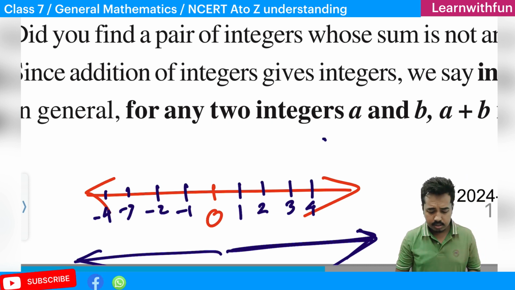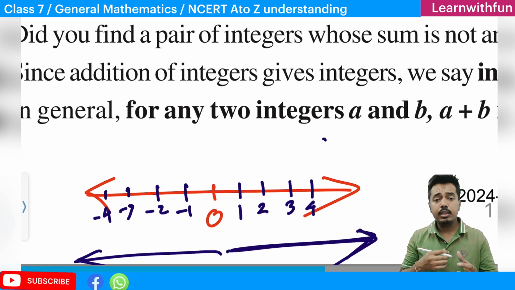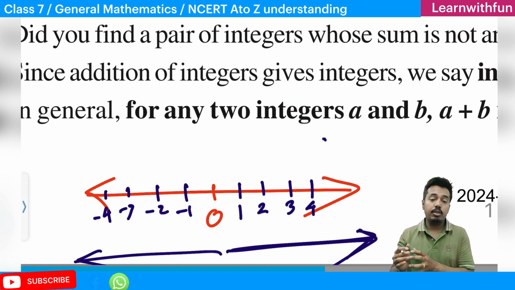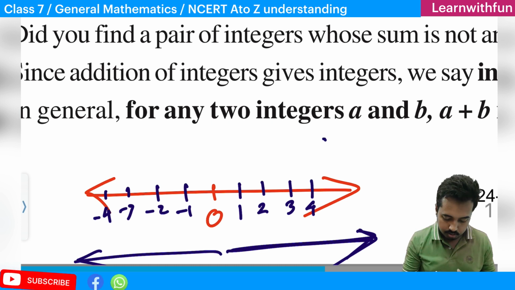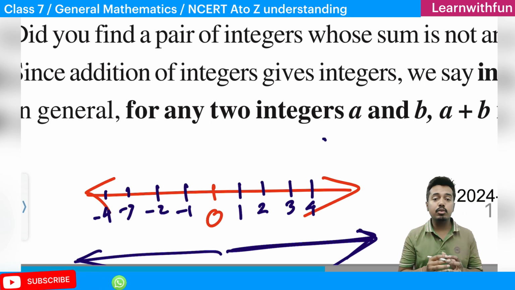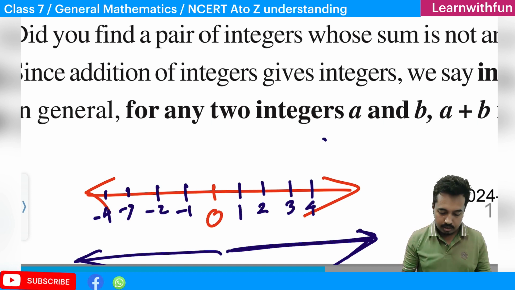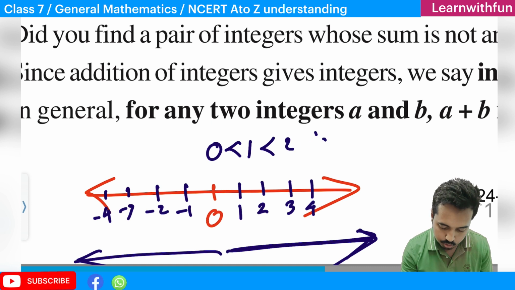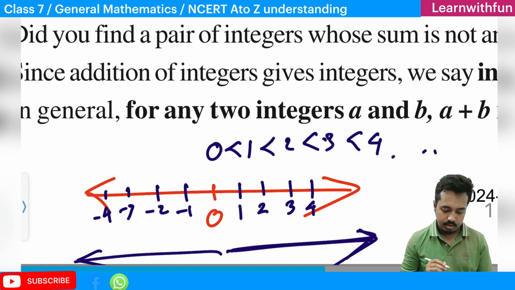So we can say that when we move from left to right on the number line, the numbers are continuously increasing. But if we move from the right to the left, then the numbers are continuously decreasing. So here we can use the greater than sign and less than sign. 0 is less than 1, 1 is less than 2, 2 is less than 3, 3 is less than 4, and so on.